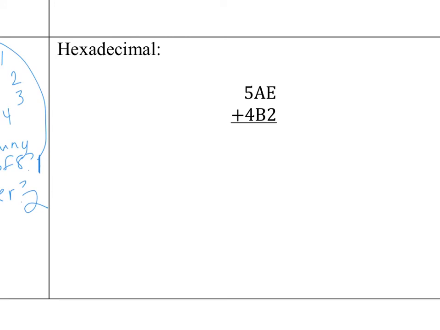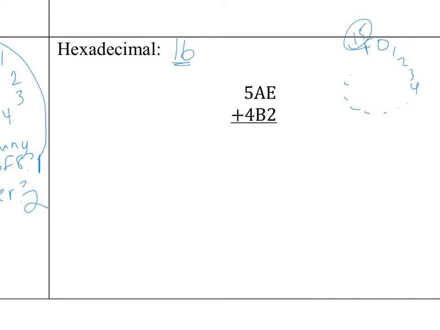Alrighty, so here we go. Hexadecimal is base 16. Remember, when we look at it, it's 0, 1, 2, 3, 4, and so on, all the way up to F. And remember, F is 15. When you add these together, we have to add in decimal because that's all we really know.